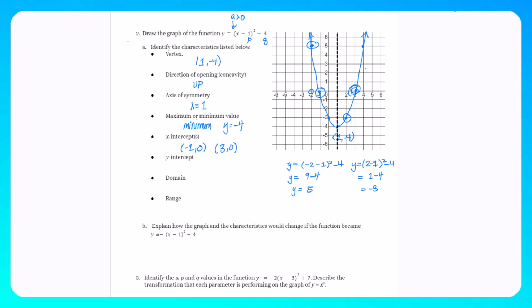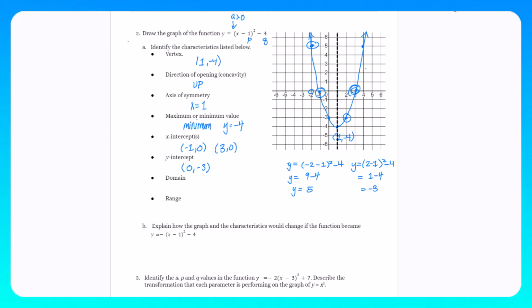And the y-intercept is (0, -3). And we can find these intercepts not only by looking at the graph, we can solve them algebraically as well. We'll do some of those a little later on.